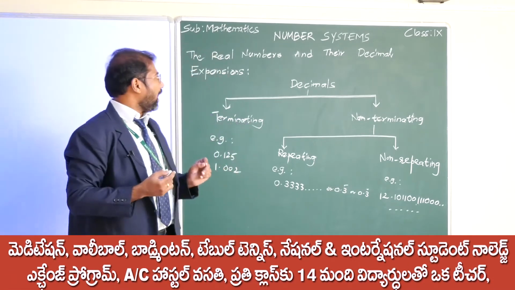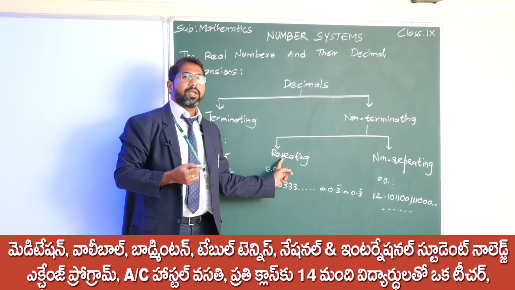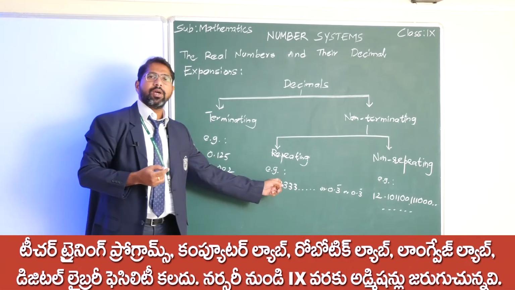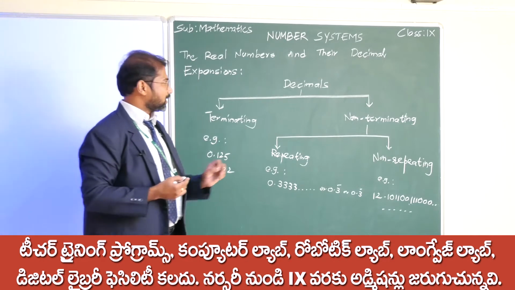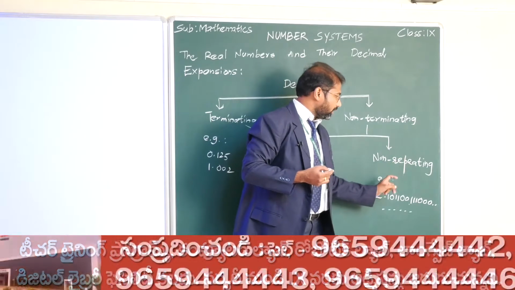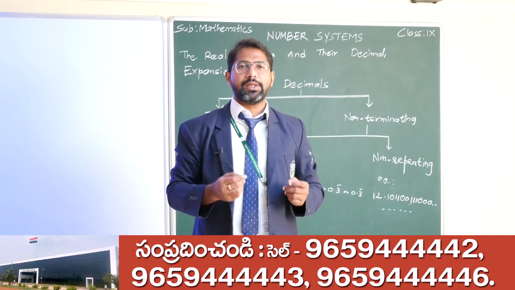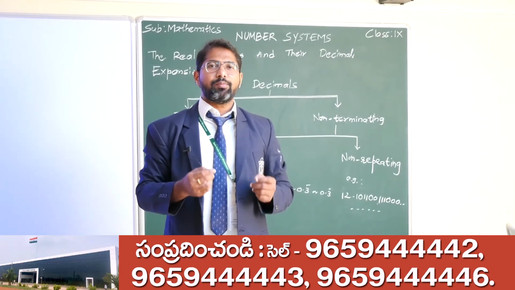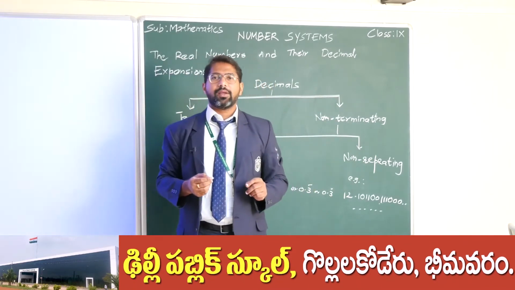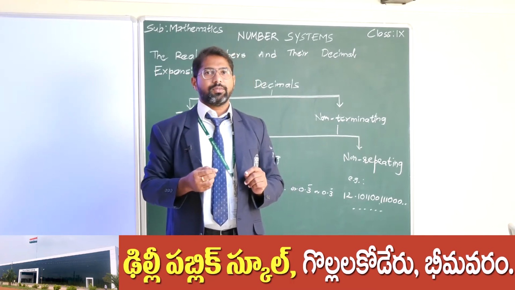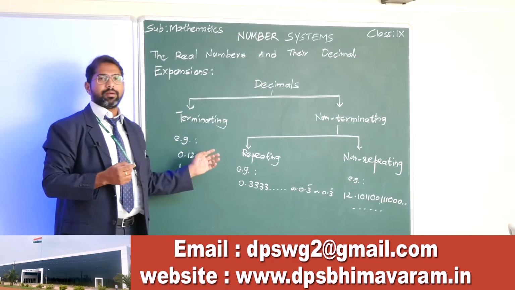It means that I can write these two kinds of decimals as a rational number, whereas a non-terminating, non-repeating decimal you cannot write in the form of p by q, where p and q are integers and q is not equal to 0. It means that a non-terminating, non-repeating decimal is an irrational number. I hope it's clear from this diagram.